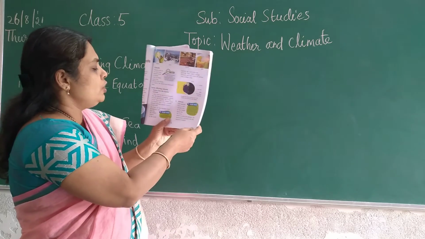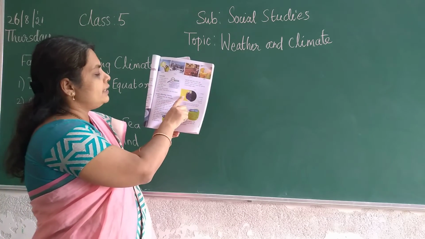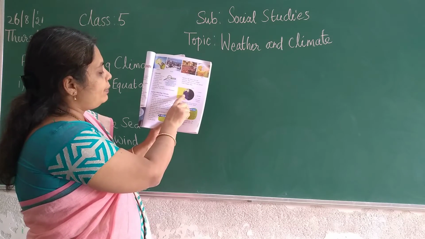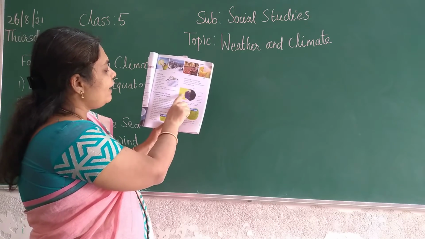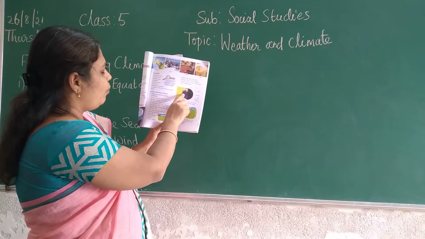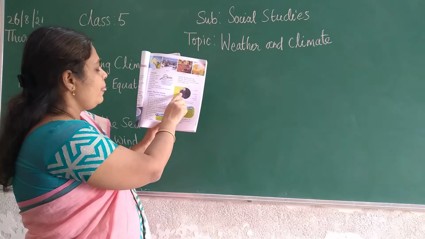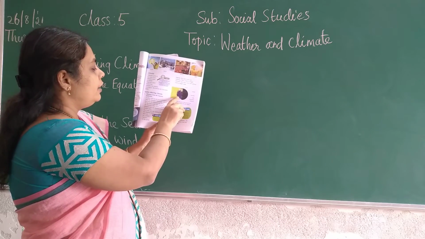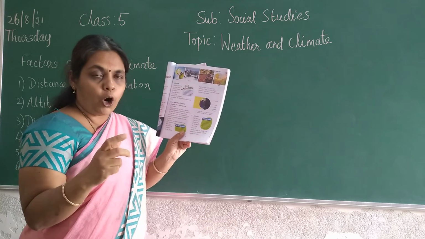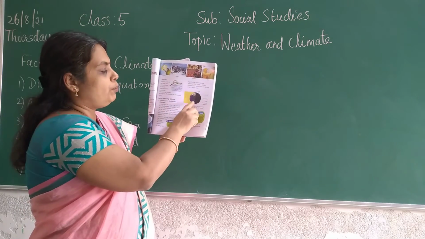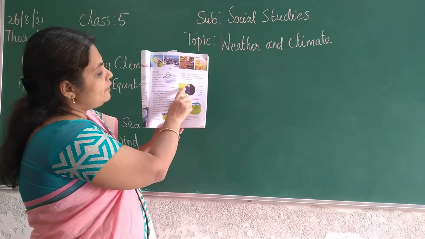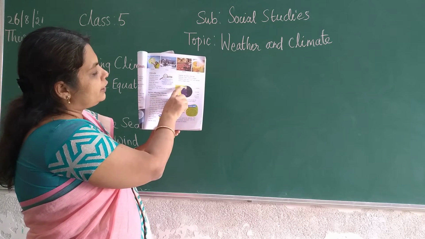As the sun's rays are closer, they cover a shorter distance and spread over a small area children. That's why the equator will be very hot, whereas near the poles it will be cold children.